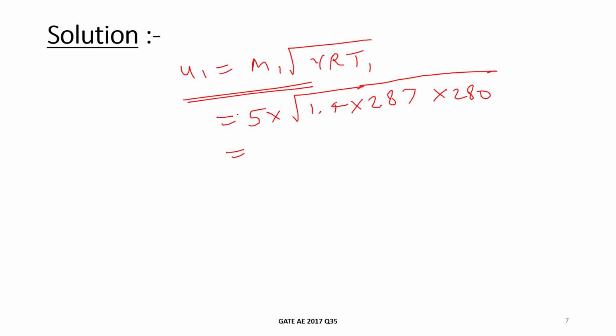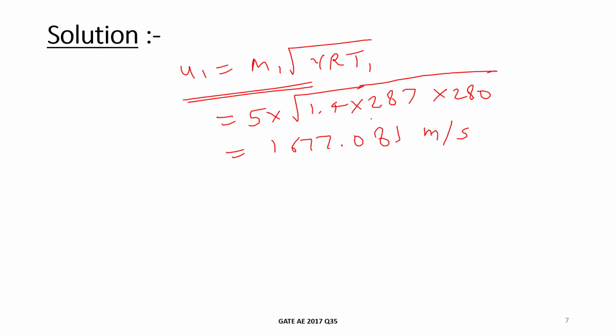So when we put this value in the calculator, we will get u1 equal to 1677.081 meter per second.